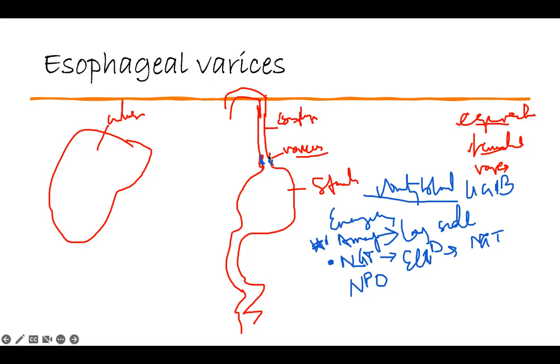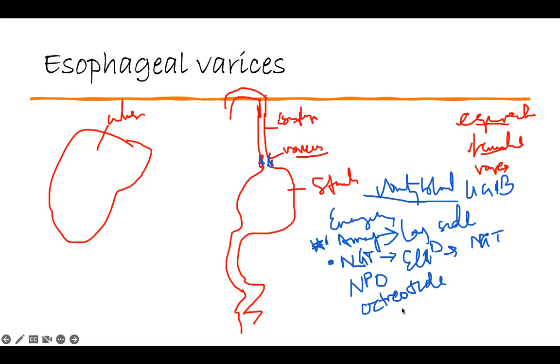Because of the bleeding, sometimes you need to decrease blood flow through the vessels. So we have this medication called octreotide. It's a splanchnic vasoconstrictor. Basically it decreases blood flow through the GI tract, and that decreases blood pressure in the varices.